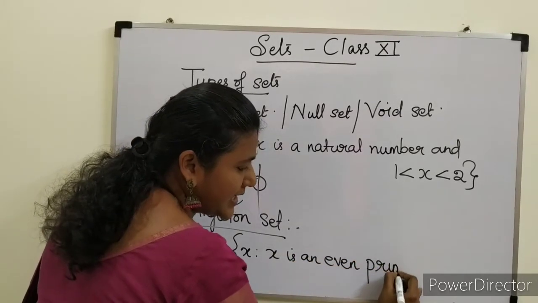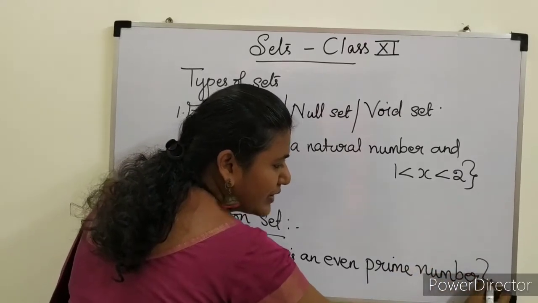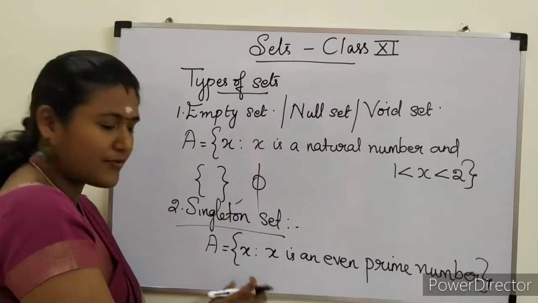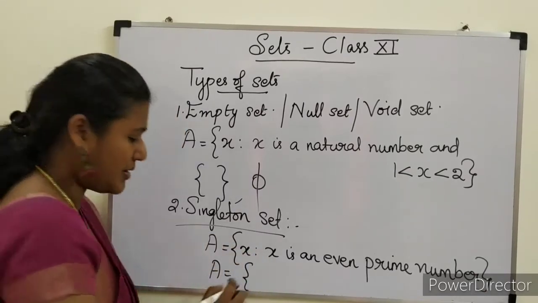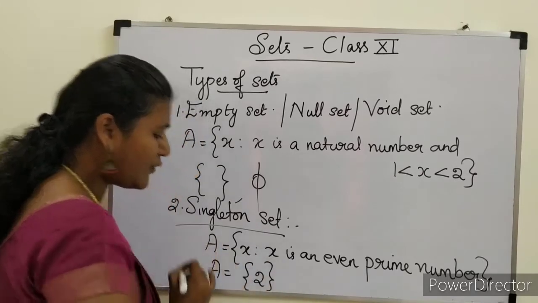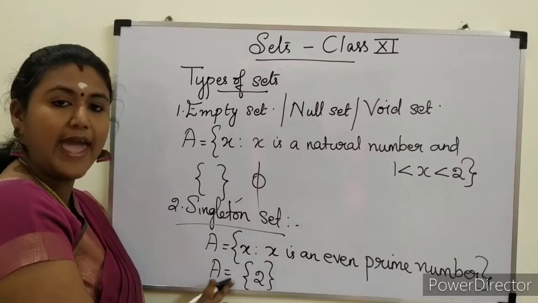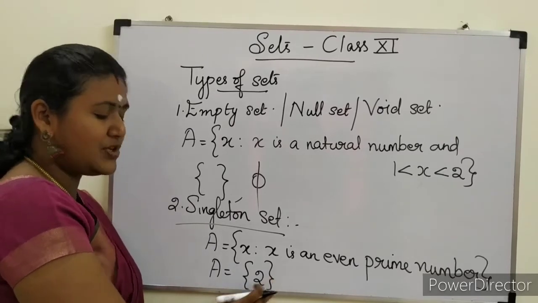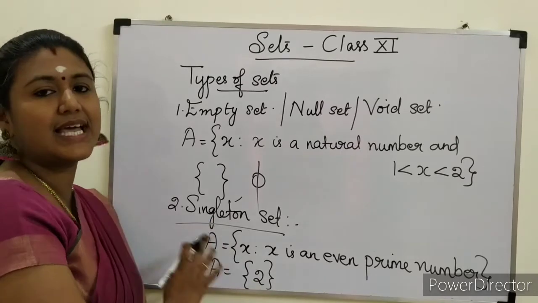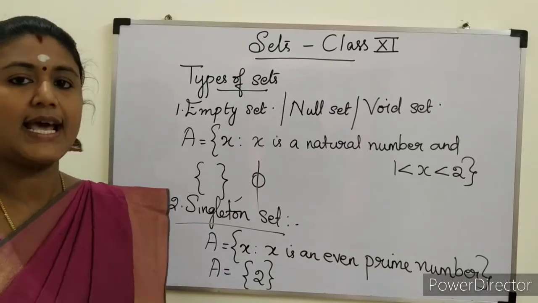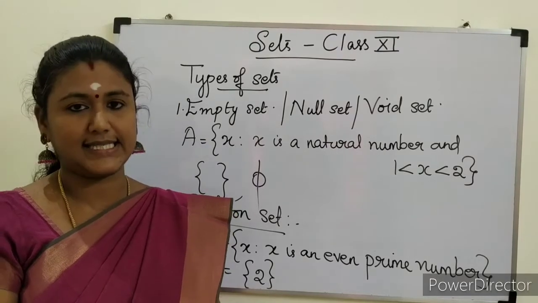In this example, if you represent this set in roster form, we have only one even prime number, that is 2. So, if you express the given set in roster form, we will get A is equal to set 2, which means the set has only one element. So, this is an example of singleton set.